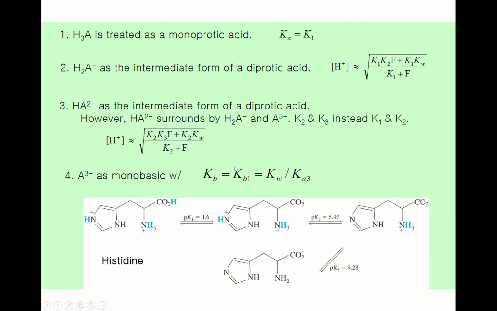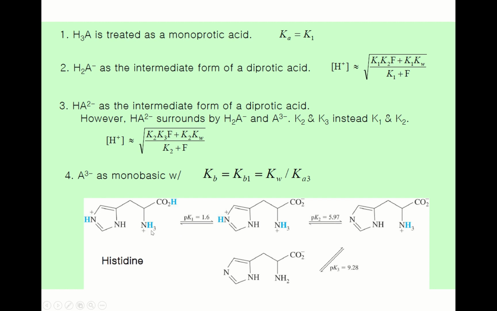Okay, let's take an example of histidine. This is one of our amino acids, and it dissociates in 1, 2, 3 steps. First, this one is a fully protonated histidine form. It has two positive charges, but that doesn't matter actually. And pK1 is 1.6.